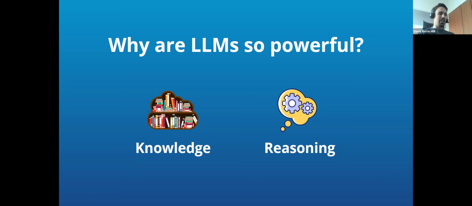So that's knowledge that those models have internally. But they also have reasoning capabilities. They are not just a huge library that will drop information to you. Actually, they can use that information to make inferences, to try to understand concepts, to do some sort of reasoning, to be able to answer whatever the user is asking based on its knowledge, but also empowered by those reasoning capabilities.